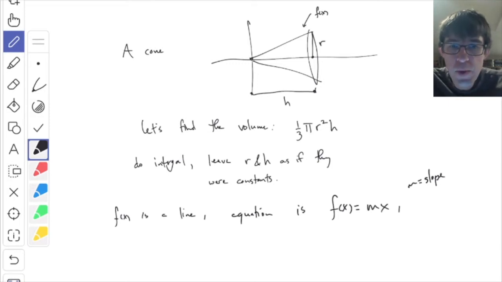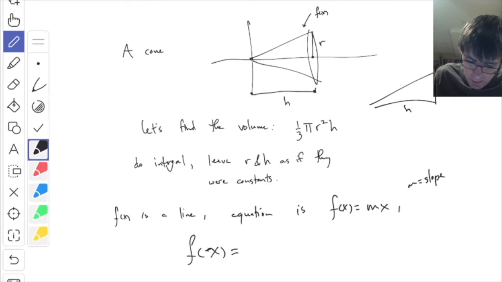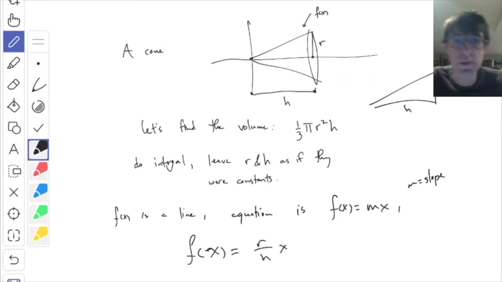The slope is the rise over the run, but I think we've already said what those things are. What do you think? Would it be r over h? r over h, yeah, the rise over the run on the picture is already labeled. This line here goes up r while it goes over h. So it is r over h times x. This is our function that we're going to spin around the x-axis.